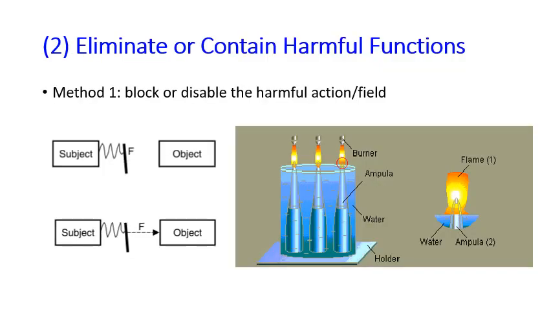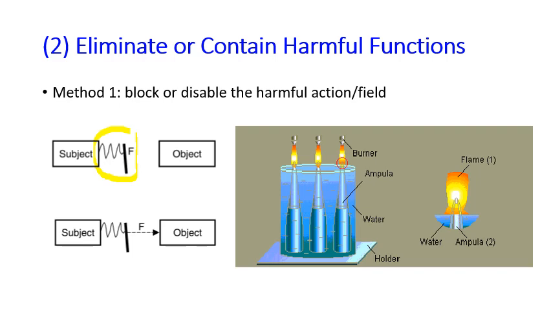Now let's see what happens if we have harmful functions. The first method is we're trying to block or disable the harmful function. So you can see here we have a harmful function, but then we try to block it. One example is the ampoule example, where we want to seal the ampoule using the heat from the burner, but then the heat will decompose the drug.